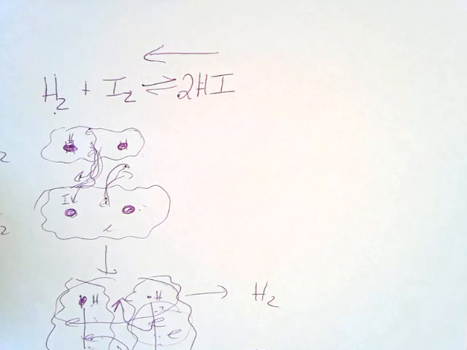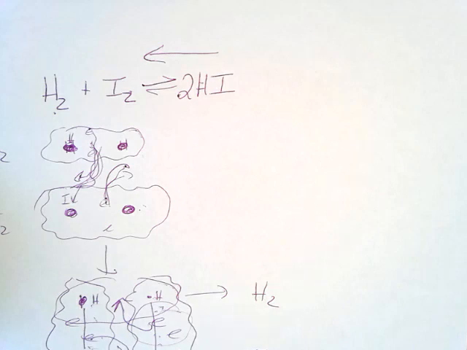So in your mind, you eventually reach a state of equilibrium where you have some H2, some I2, and some HI. And just as fast as H2 and I2 are making HI, HIs are colliding and remaking the H2 and I2. So there's no net change.